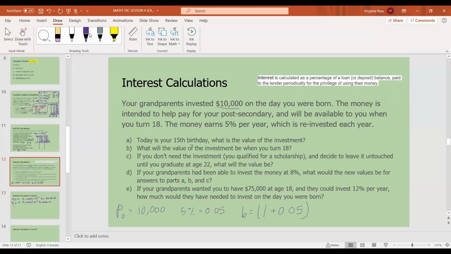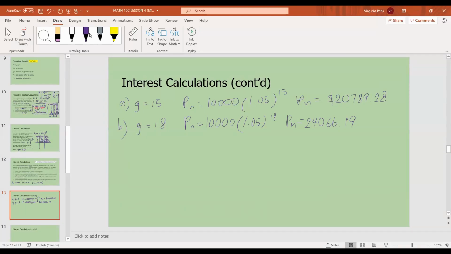All right, next part. If you don't need the investment and decide to leave it untouched until you graduate at age 22, what will the value be? So now the G value is 22. Once again, plug it into our formula. G is equal to 22.